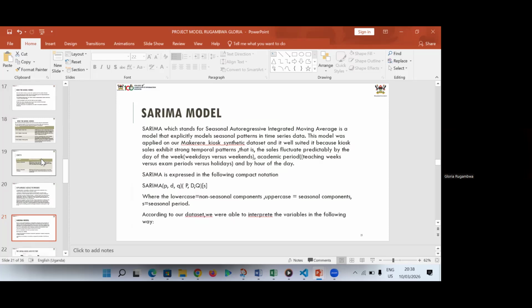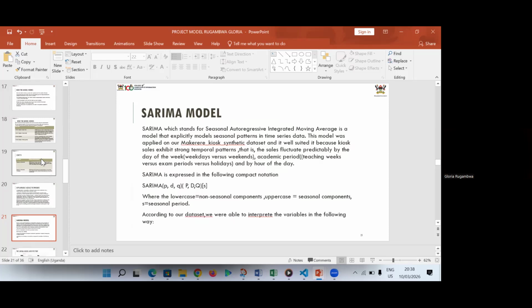So the next model that I used and implemented was the SARIMA model. First of all, SARIMA stands for Seasonal Autoregressive Integrated Moving Average. To begin with, SARIMA is an extension of the ARIMA model, and it explicitly models seasonal patterns in time series data.